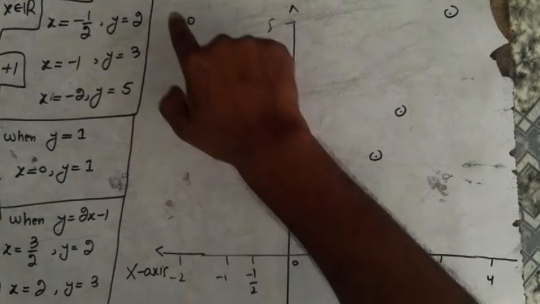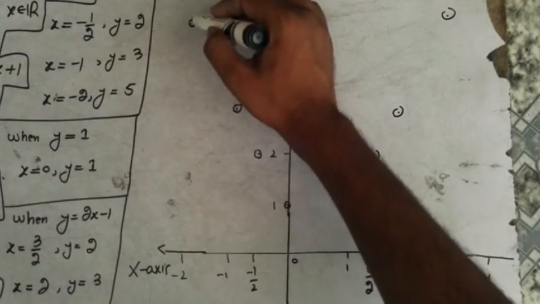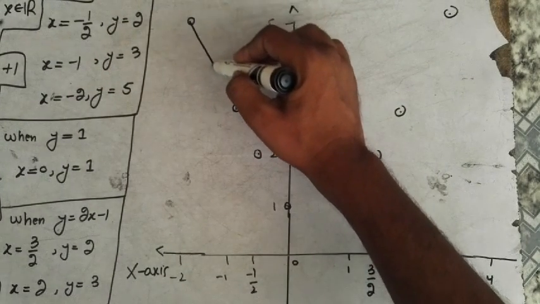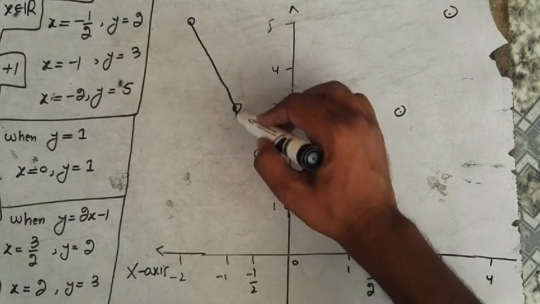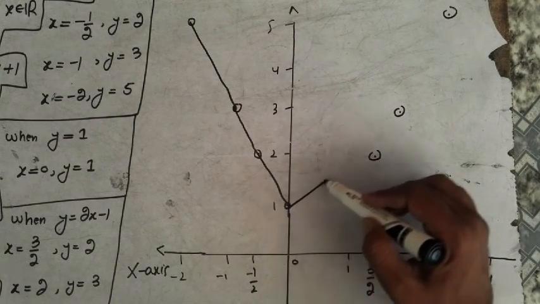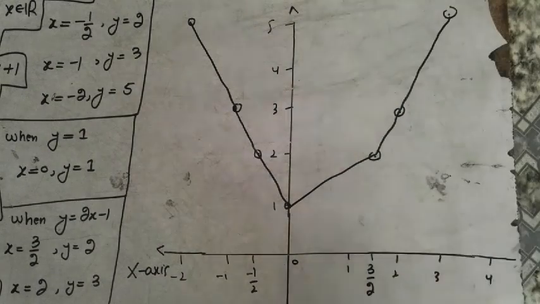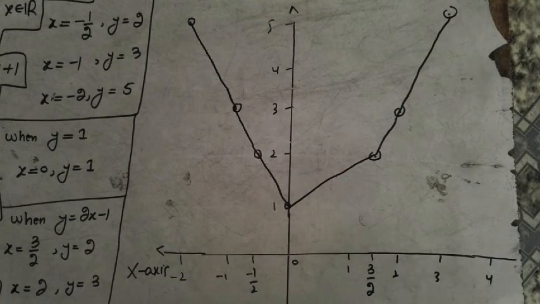So in this way, we draw a graph. This is the graph of the given function.